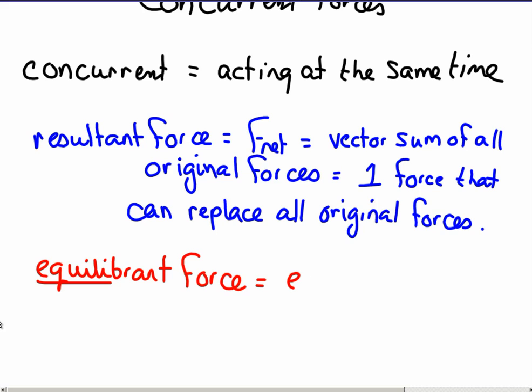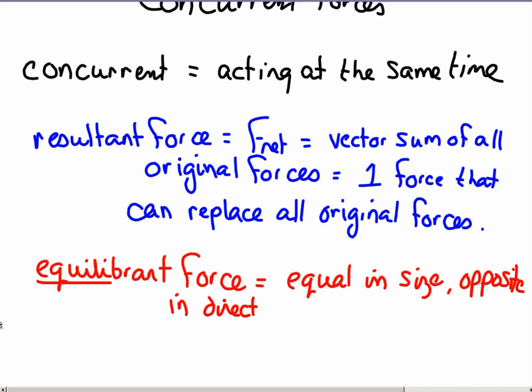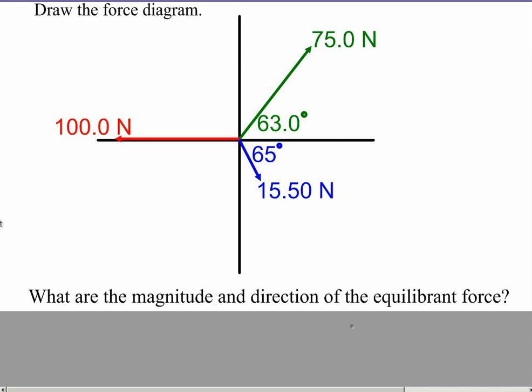So it is equal in size and opposite in direction to our resultant force. So if we find the resultant force, we know the value and we know the angle of the equilibrant force relative to either a vertical or a horizontal axis.